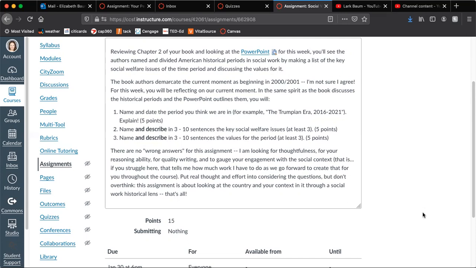Do whatever you need to, take as much space as you need to do this properly. 3 really, really strong, robust sentences might do it, but probably not, right? So keep going. But talk about what you think the key social welfare issues are of the current era that we're in, as you've named it, and then what the values for this period are.